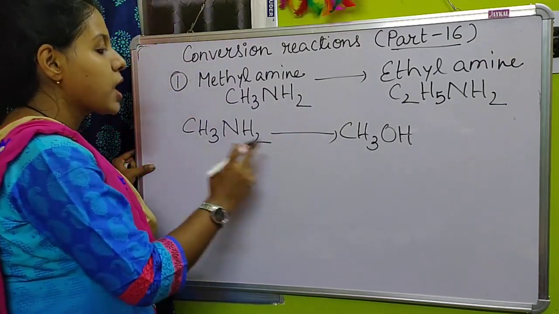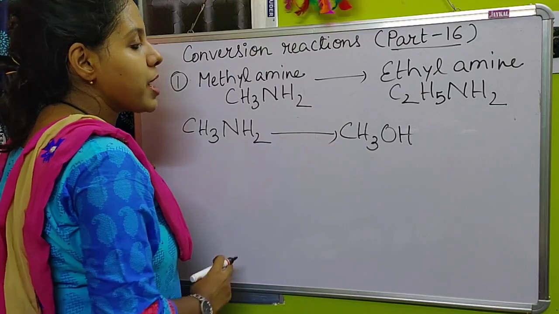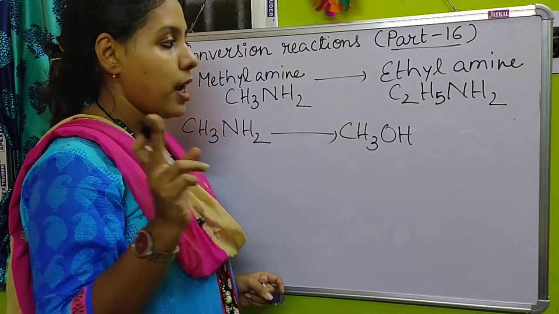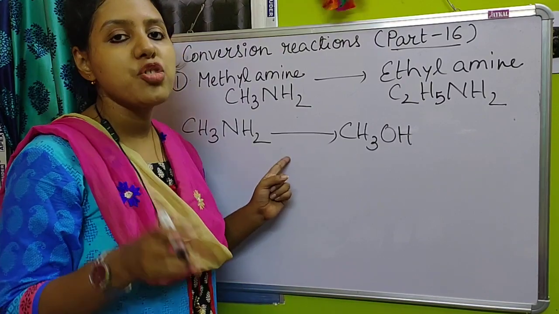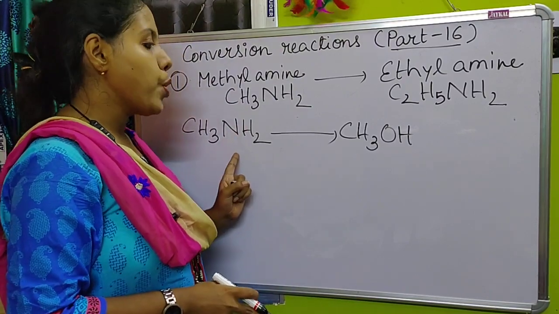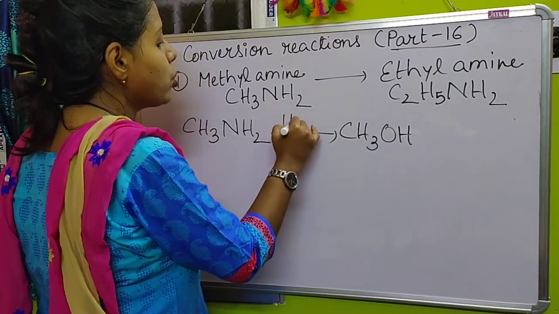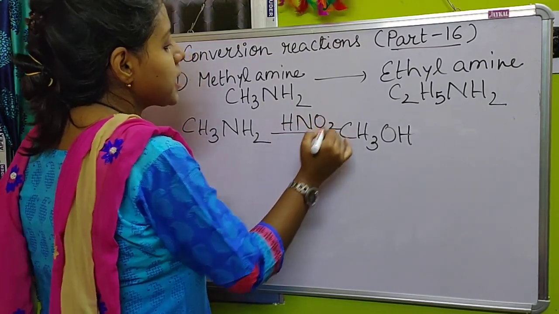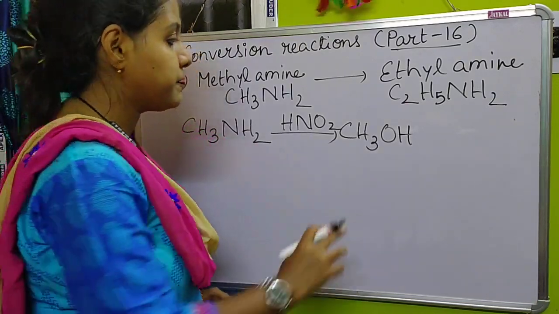What is the method to convert a primary amine to a primary alcohol? In our last class we discussed the reaction with nitrous acid. If you want to convert a primary amine to a primary alcohol, you add nitrous acid, that means a mixture of sodium nitrite and hydrochloric acid.